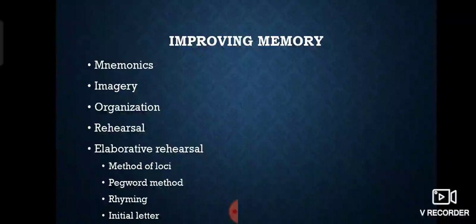Now, elaborative rehearsal is a technique that we use to encode information into our long-term memory by considering its meaning and associating it with other information that is already stored in our long-term memory.